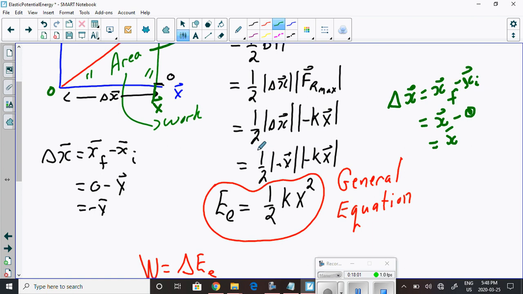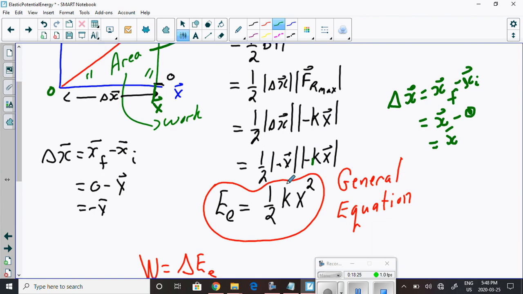The half continues over. The delta x is x, and the negative kx stays as negative kx. Now these are all in magnitude signs, so I don't really care about the negative signs in there. Look, I got a magnitude sign for that, and for that. So the negatives all go away, and the half comes down.